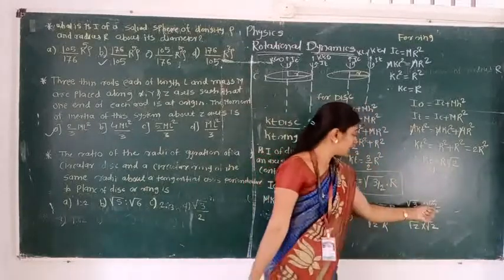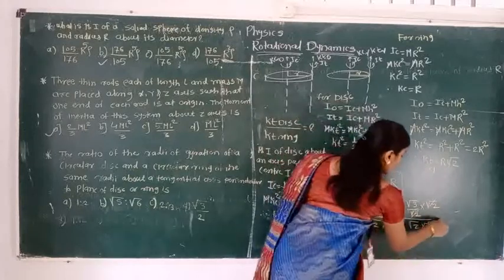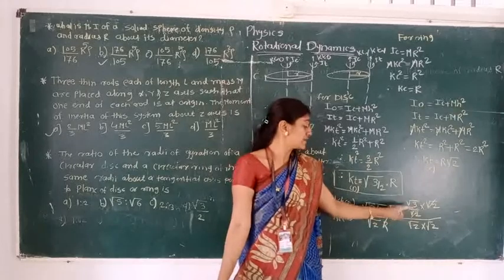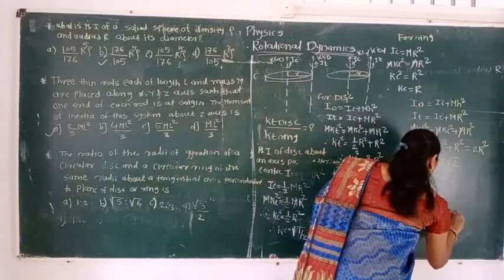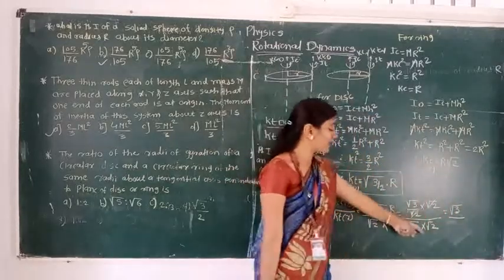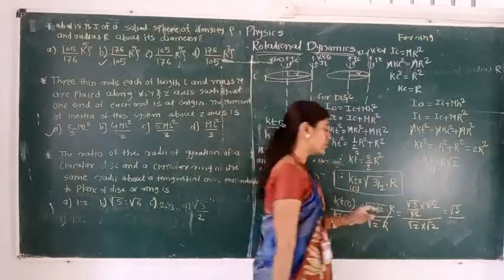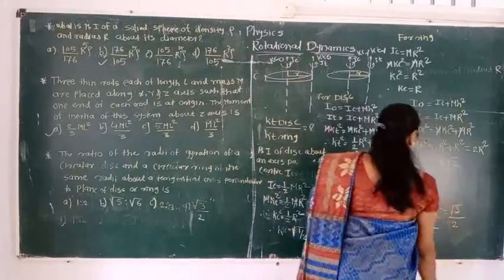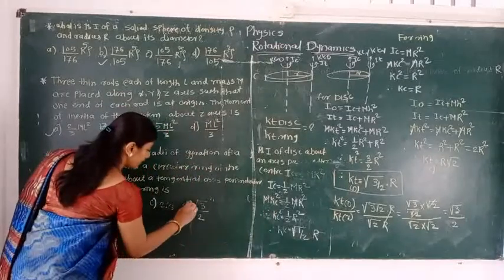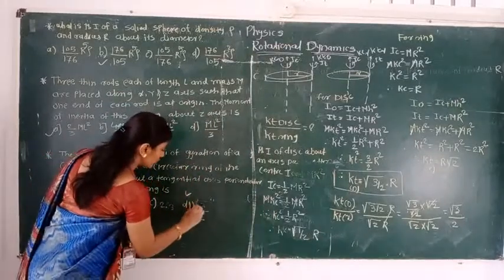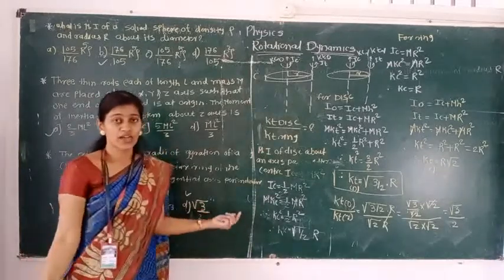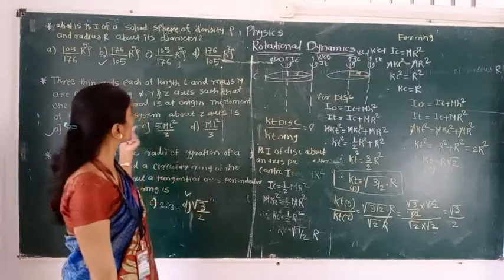Root 3 will remain as it is. When root 2 multiplies root 2, the root sign cancels, and here we will get 2. Let me see which answer is correct. Option D, the last option, root 3 divided by 2. In such a way we completed our MCQ.